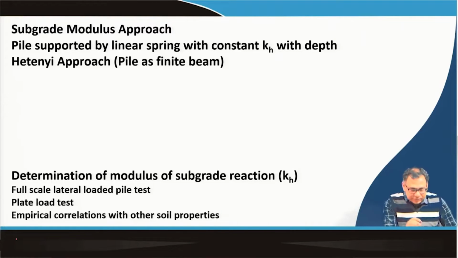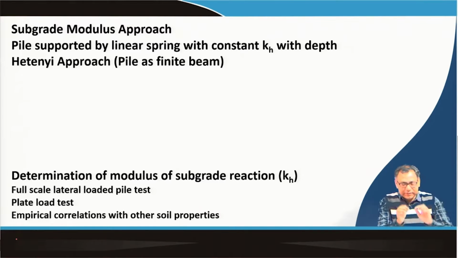First we will assume that this approach is applicable when the pile is supported by linear springs with constant kh with depth. Now, what is kh? kh is the modulus of subgrade reaction, or we can say the horizontal modulus of subgrade reaction.